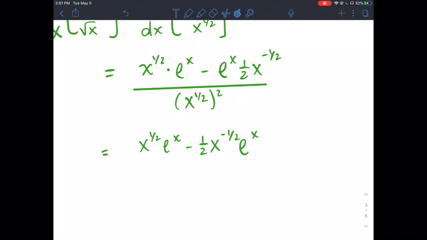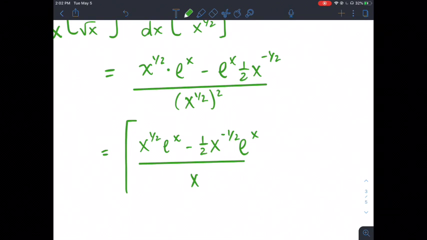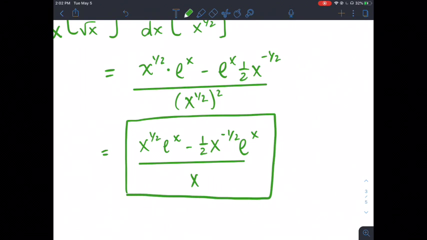So all I did was move this in front. That's it. And then we're going to put that over. I'm going to simplify. x to the 1/2 squared is just x. And there's my quotient rule.